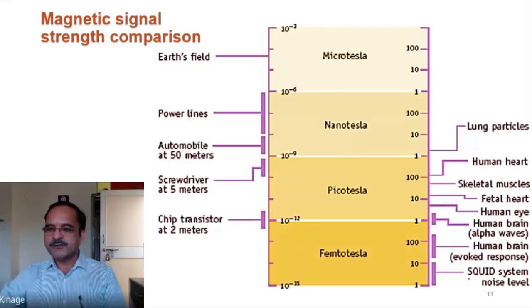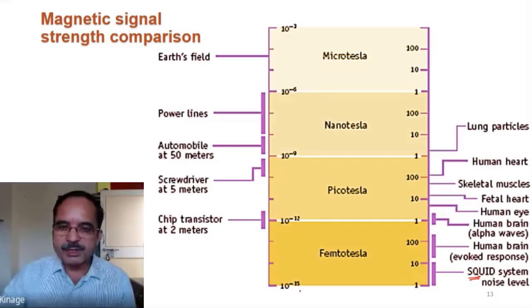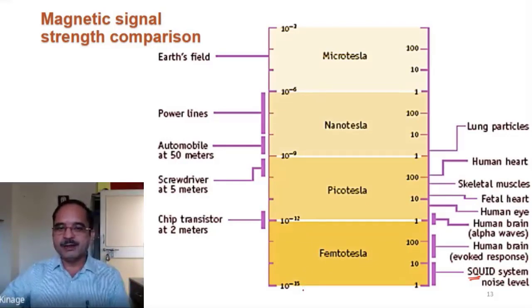So this squid system noise level, this is actually the principle of some equipments which measure very weak magnetic fields. Okay, it is 10 raised to minus 15 Tesla. So it is in the range of femtotesla.